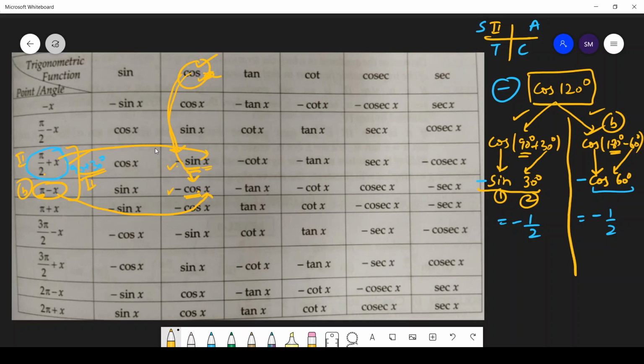So that's the formula we have used, students. That's the table that you have. Now I would like you to try some questions.